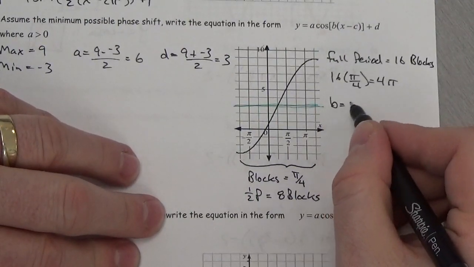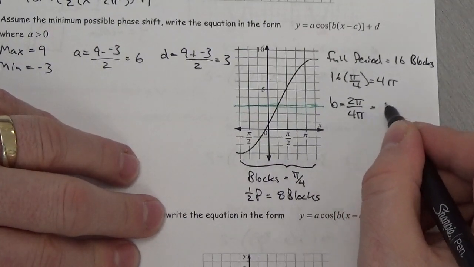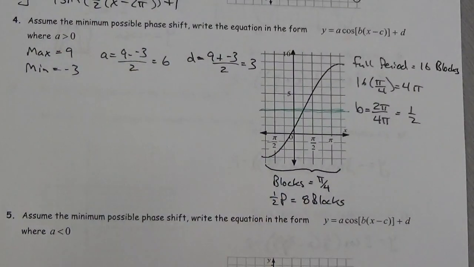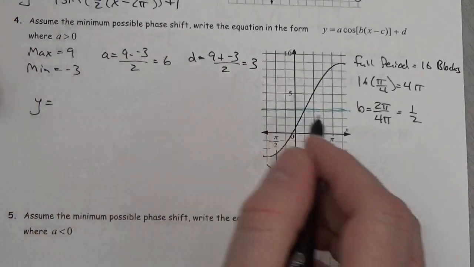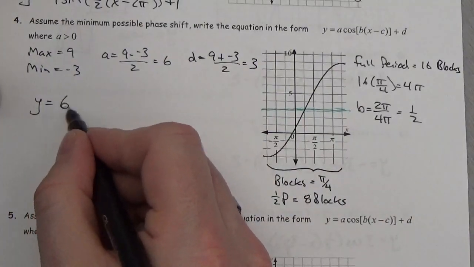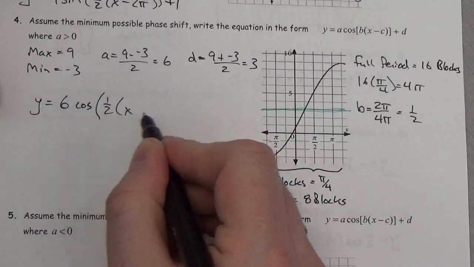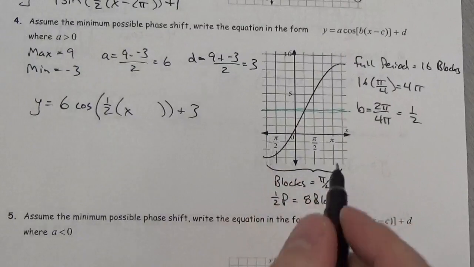So b, and we've seen this before, is 2 pi over the period 4 pi. So once again, b is equal to a half. Now it's not always a half. It's just in this particular lesson it has frequently been a half. Okay, now I know those, so y is equal to 6 cosine of 1/2 x, I don't know the phase shift yet, plus 3.